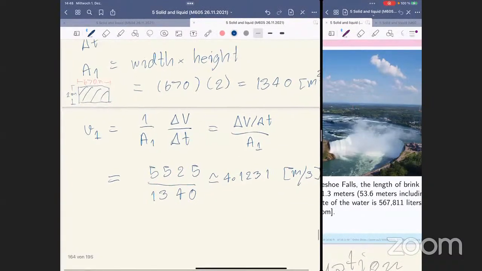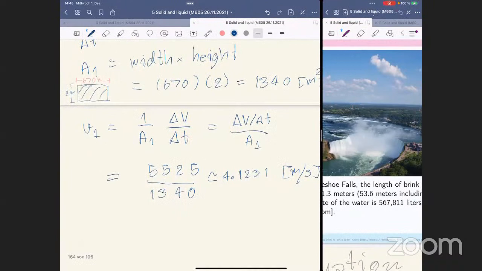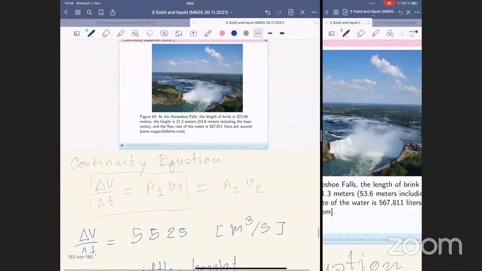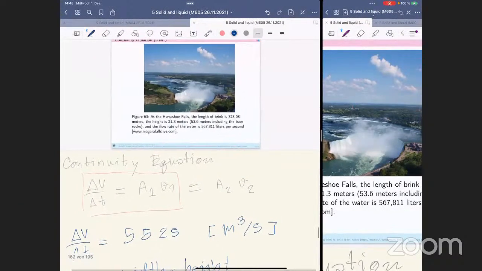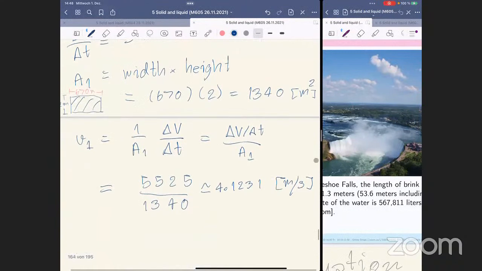And that's it for the velocity of the water flow in this Horseshoe Fall, which is a part of Niagara Falls. We have got the speed of the water flow already. It's around 4 meters per second.